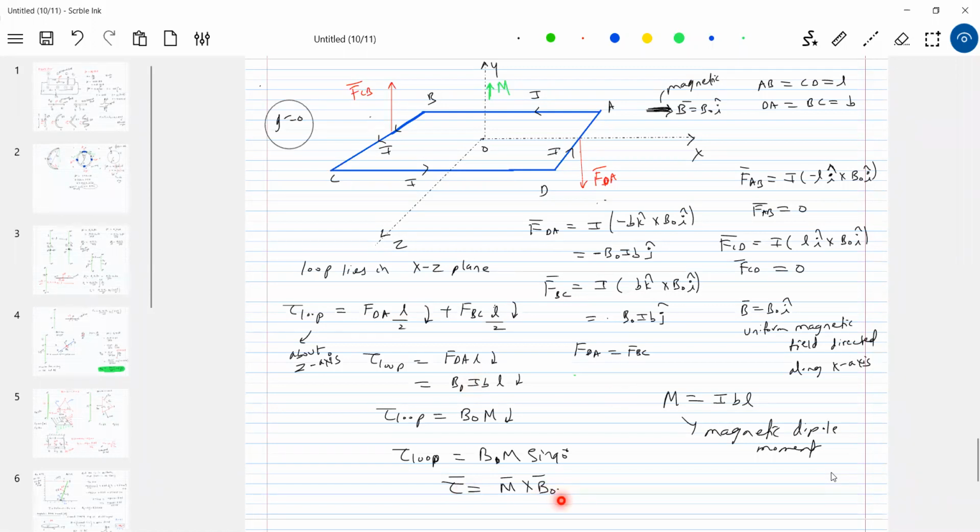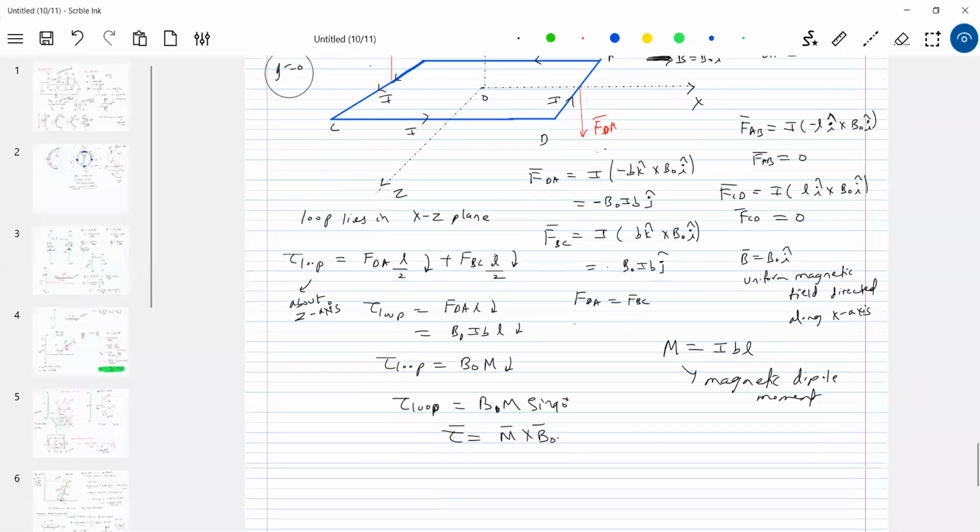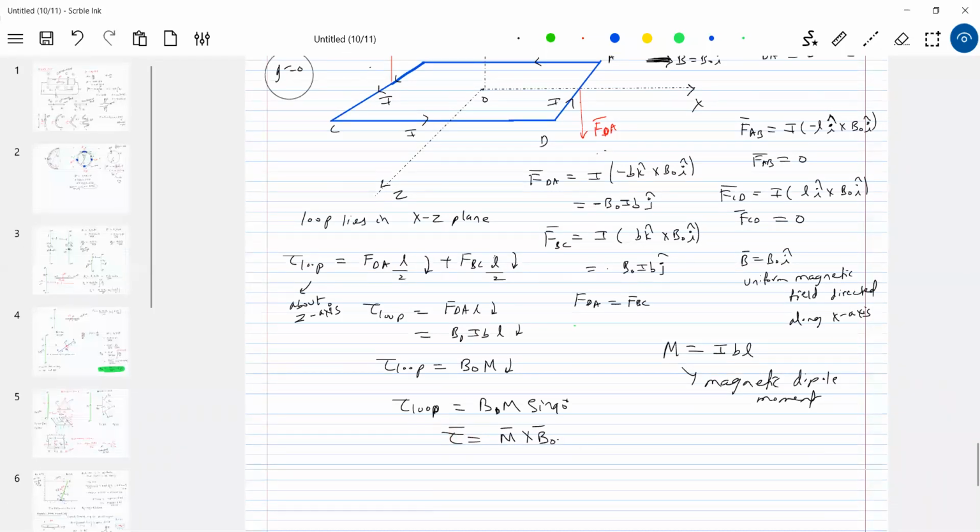How to calculate M bar? Current into area, and you know the external field you applied, and check the torque. This is the core. If you look at the advanced, there are more than 10 questions on this formula. Because in application, I can introduce it back directly to the torque concept of rotation mechanics.